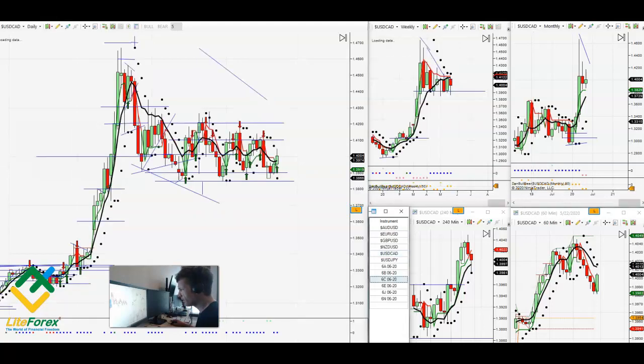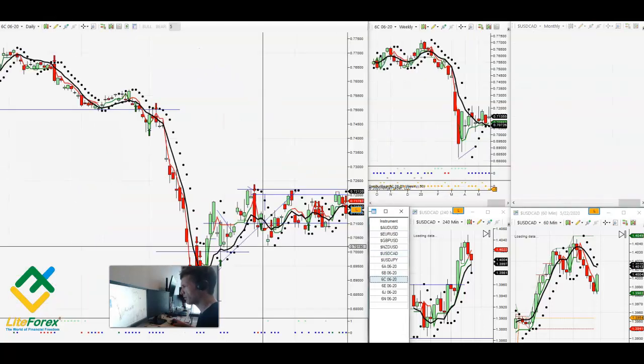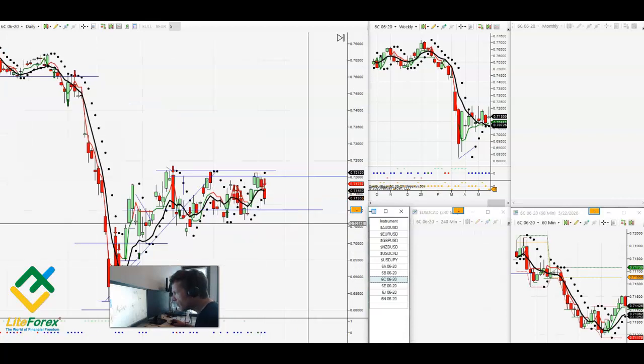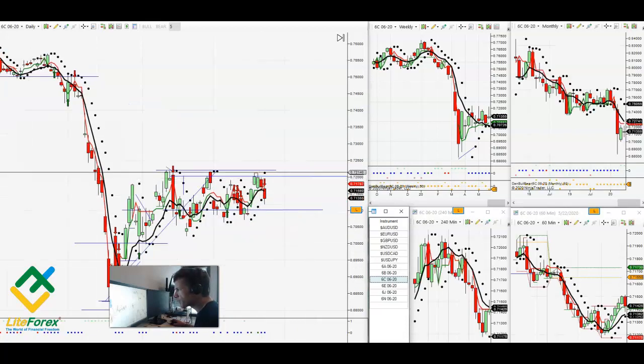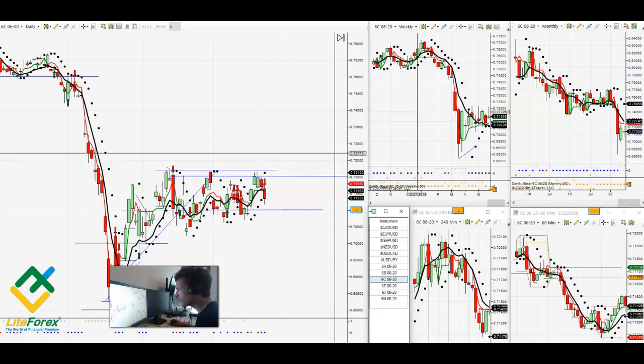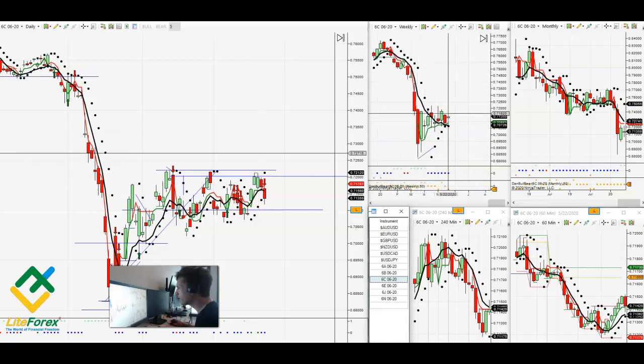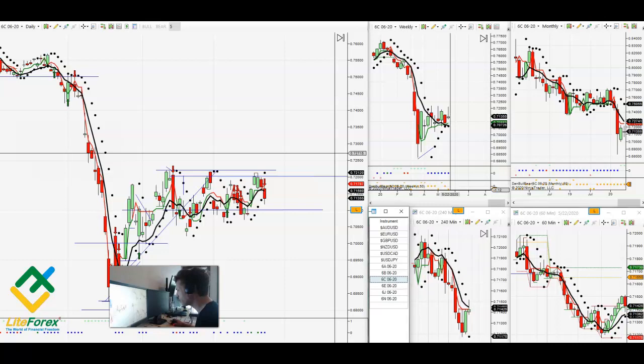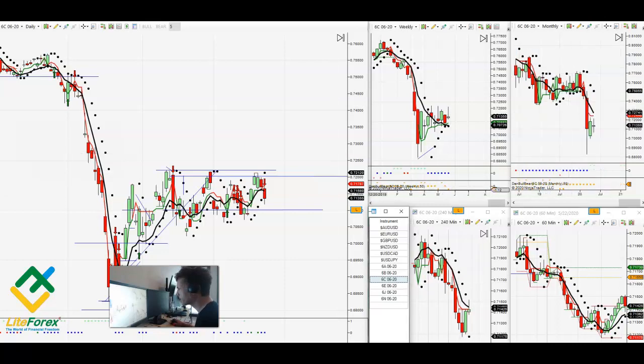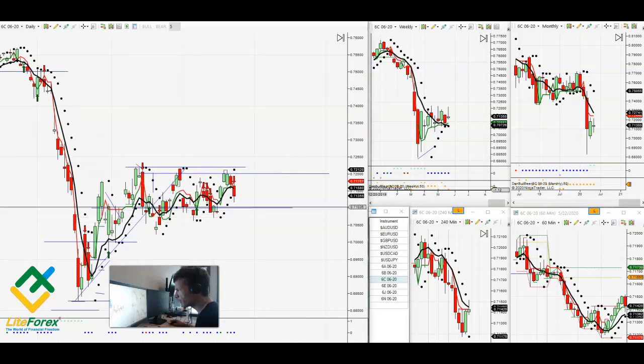Let's take a look and see the Canadian futures, though. Yeah, Canadian futures sideways. Of course, it's going to look the exact opposite. Very bearish candle on the weekly. 71 is important support price for the Canadian dollar.